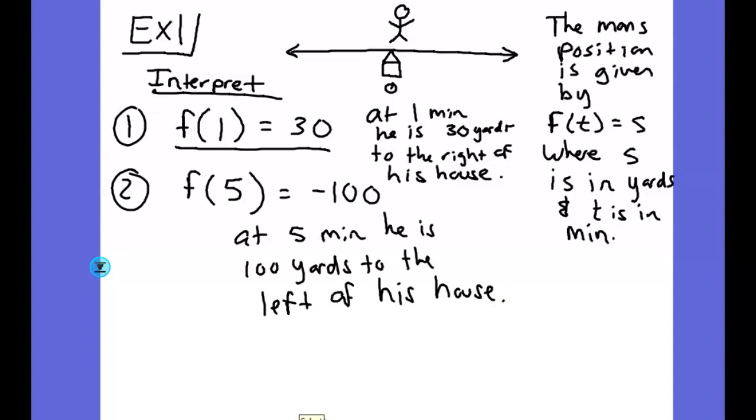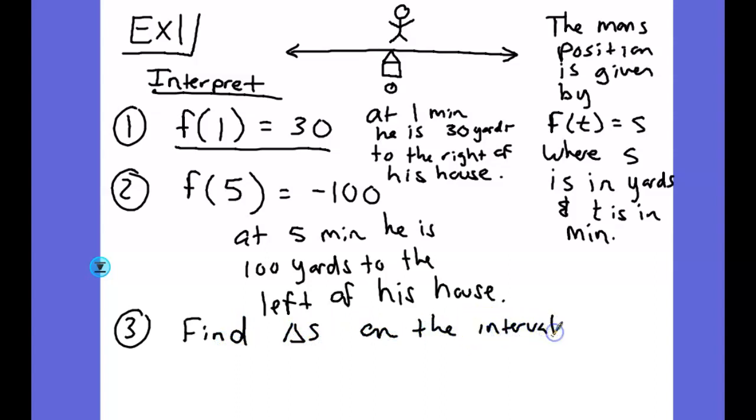So at 5 minutes, he is 100 yards to the left of his house because it's a negative 100, right? Okay, so let's ask another question then about this. Find delta S on the interval from 1 to 5.